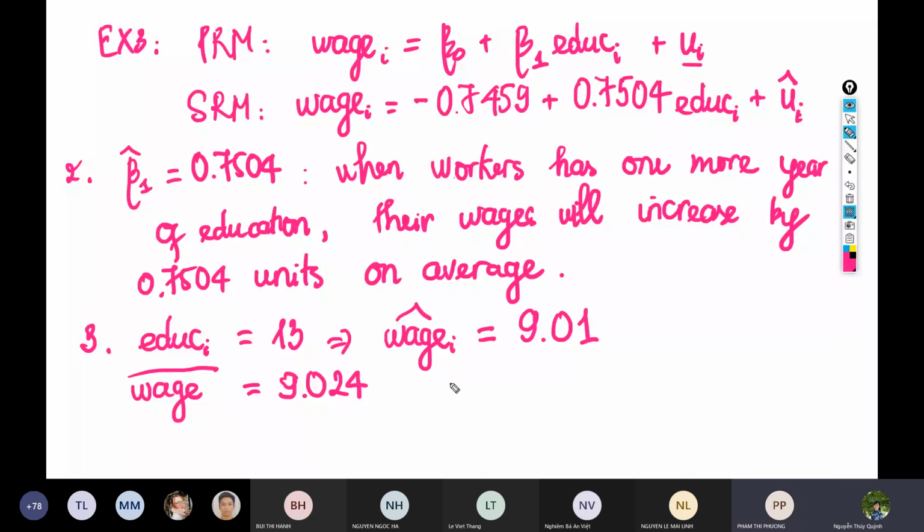It's quite close. This one is 9.01 and this one is 9.02. All right. So actually, it should be equal to each other.